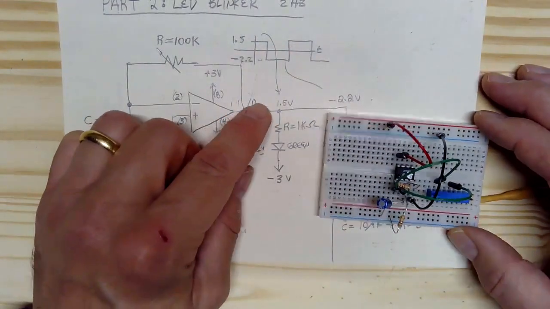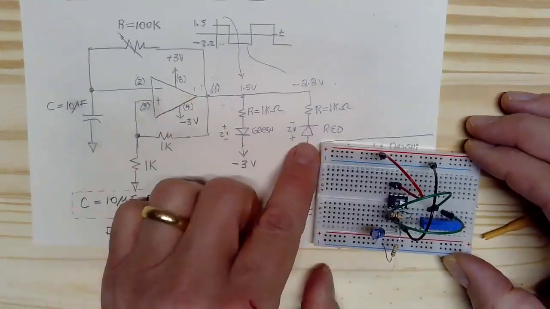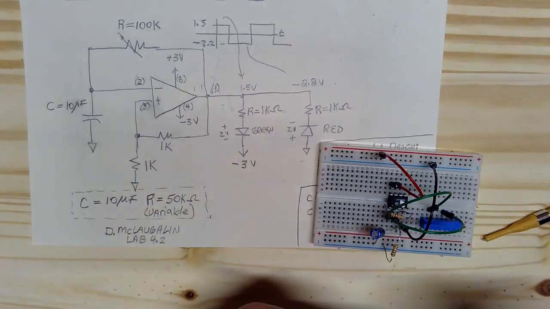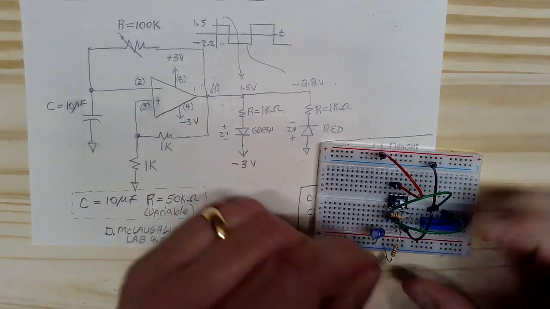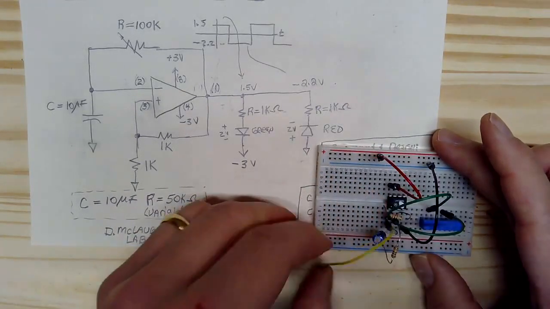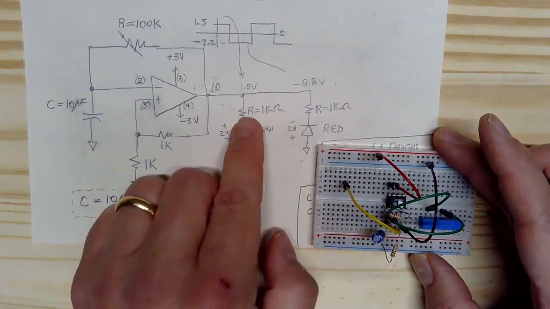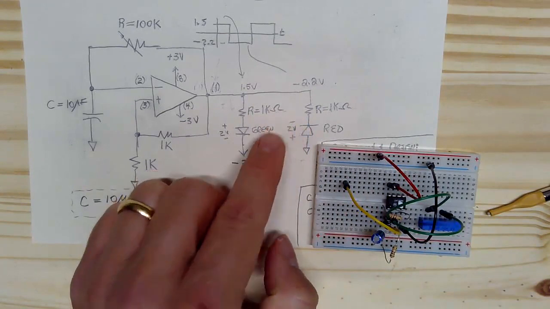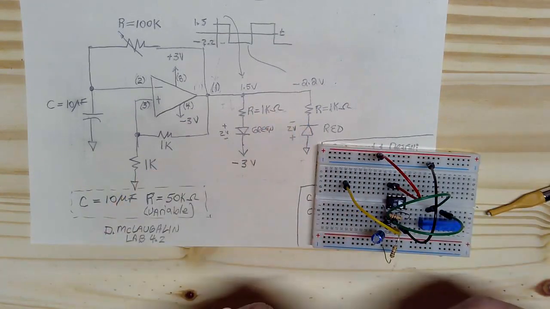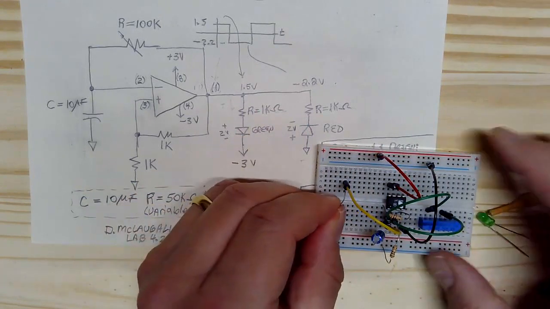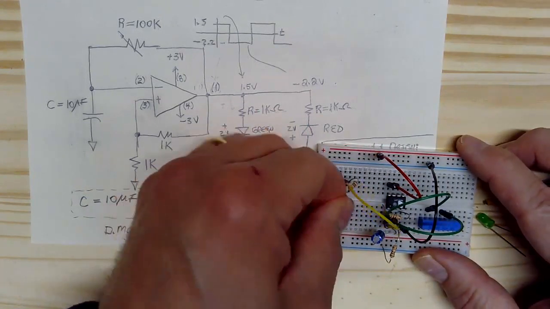So from pin 1, we're going to have 2 LEDs. It's getting a little crowded in here. I'm going to just connect that right here. That's going to go to 2 LEDs. The LEDs each have a current limiting resistor. So let's first address the green LED, with its current limiting resistor.